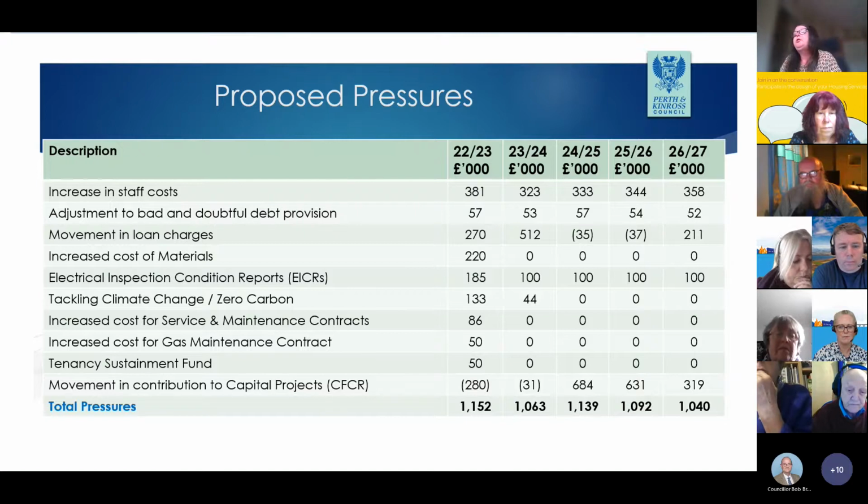As we've talked about, we've got an increased cost of materials. We also have the requirement now for all our homes to have electrical inspection condition reports, so that's an additional budget pressure.